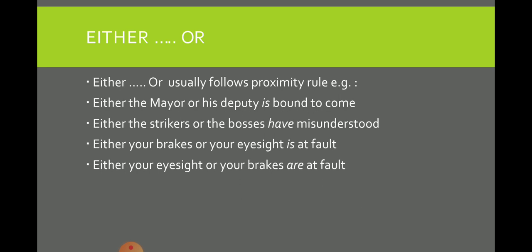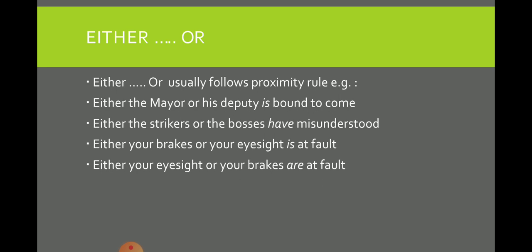If it is a singular one, we are going to use a singular verb. And if it is a plural one, we are going to use a plural verb. So either or follows the idea of proximity.